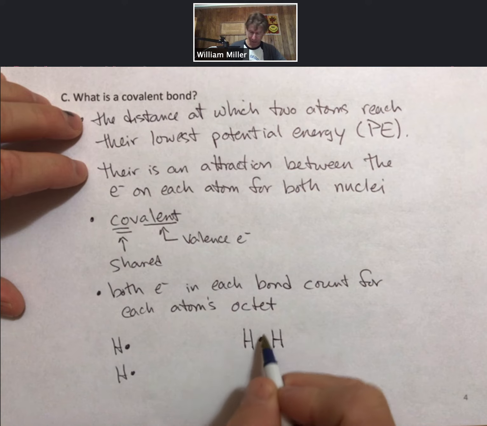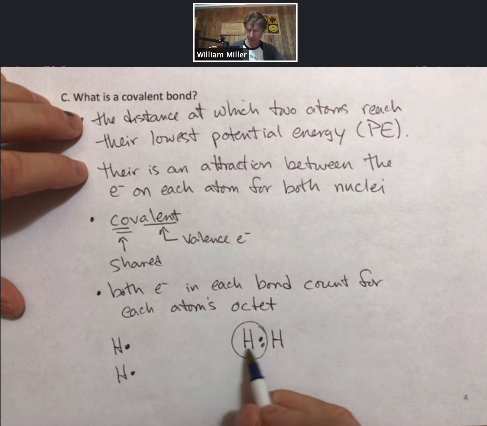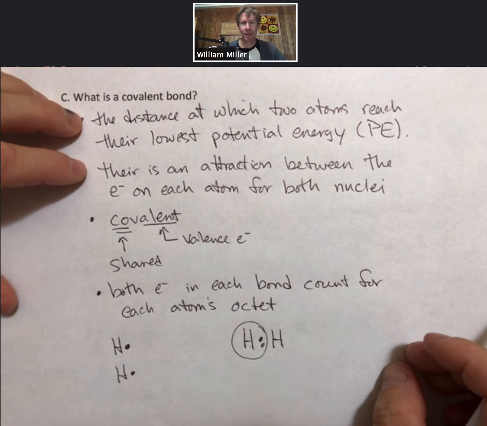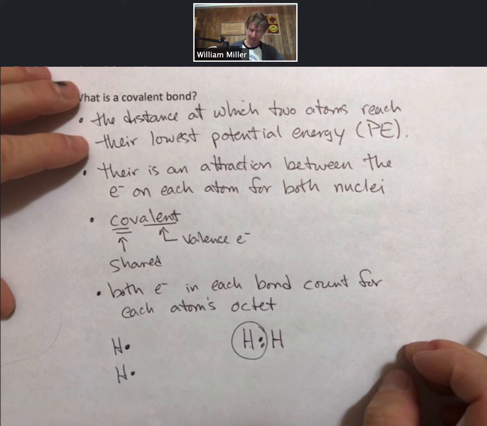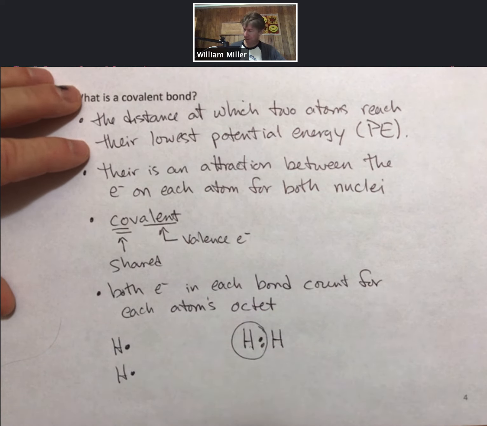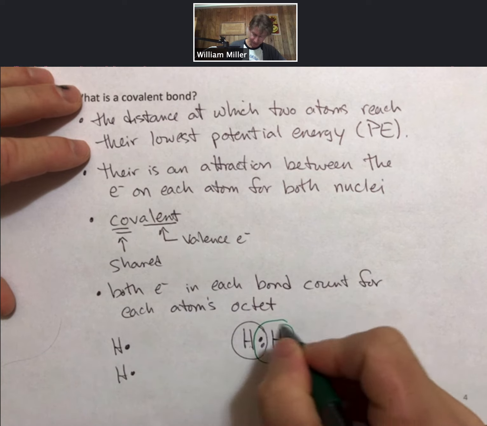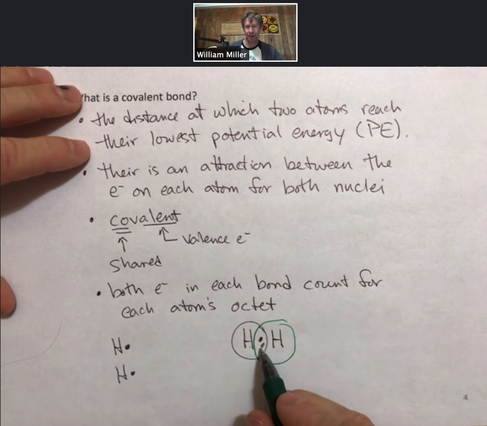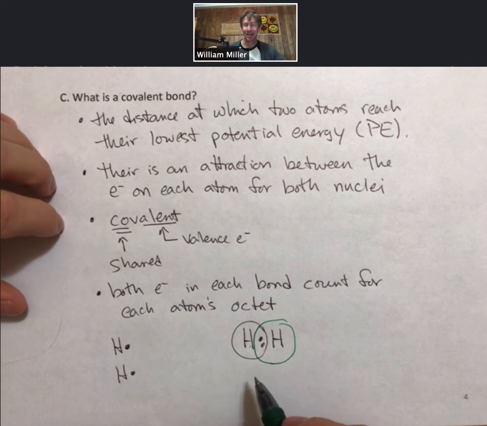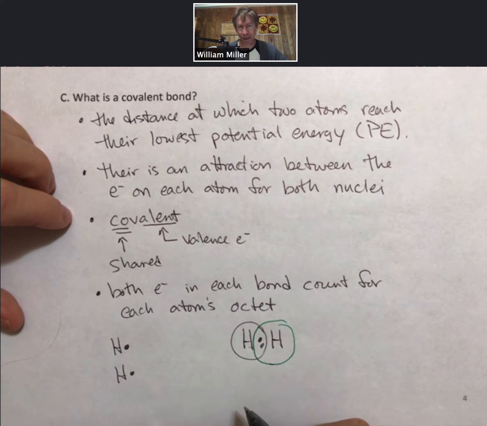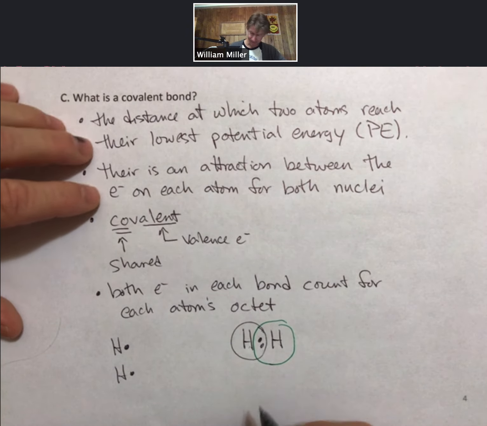These shared electrons will count for each of the hydrogen atoms, and therefore this hydrogen now has, well, hydrogen, remember, wants the same valence electrons as helium, which has two valence electrons, and so it does have two. And the other hydrogen gets to count both of these electrons, and it has two. So both of these hydrogen atoms have satisfied the octet rule, which for hydrogen means it looks like helium.